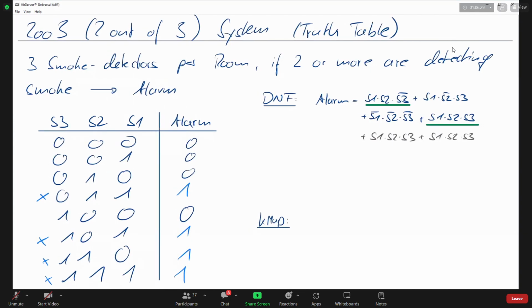And they will become S1, S2, and S3 or S3 not, which is S1, S2, or that one, color and that one.